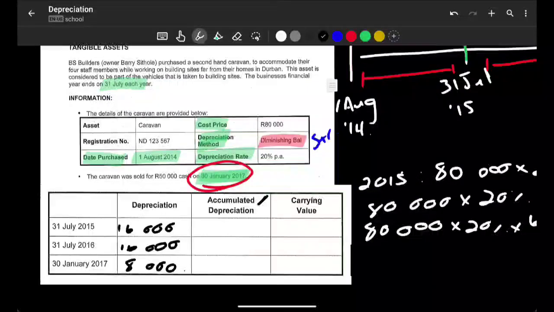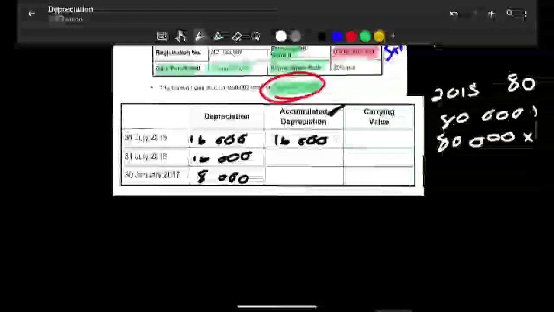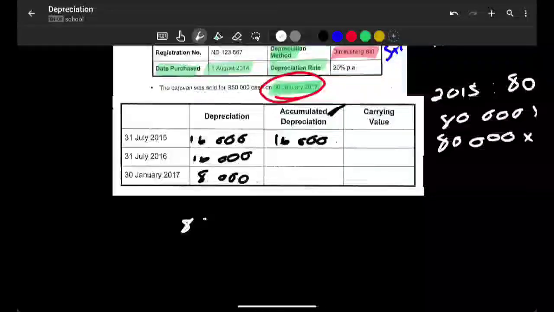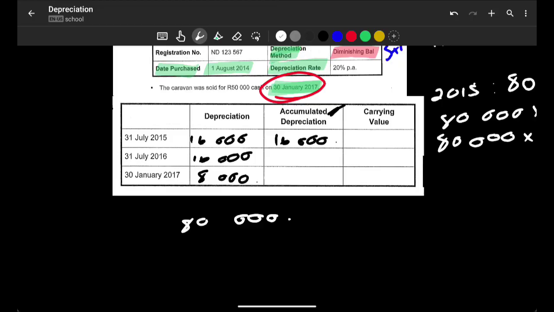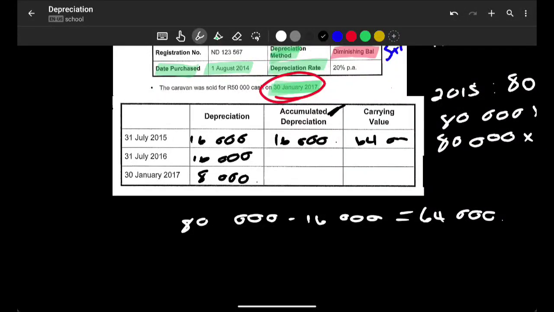For the first year there was no balance, so it's going to be 0 plus the depreciation for that year, which will give us 16,000. Now our carrying value here is going to be 80,000 minus 16,000, and that will give us 64,000, right? So 64,000 right there.